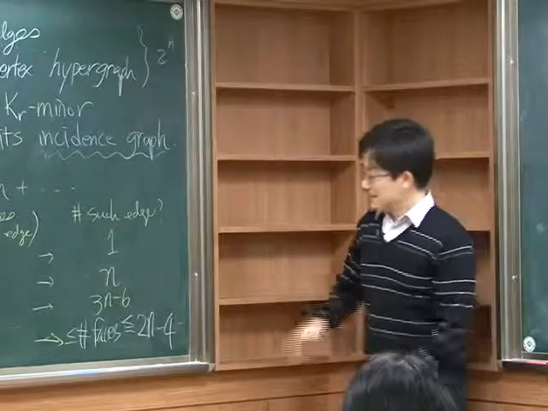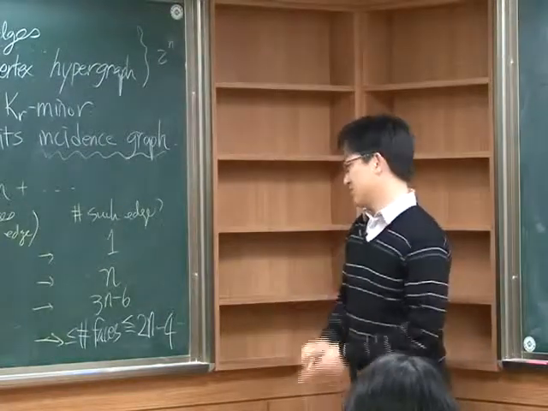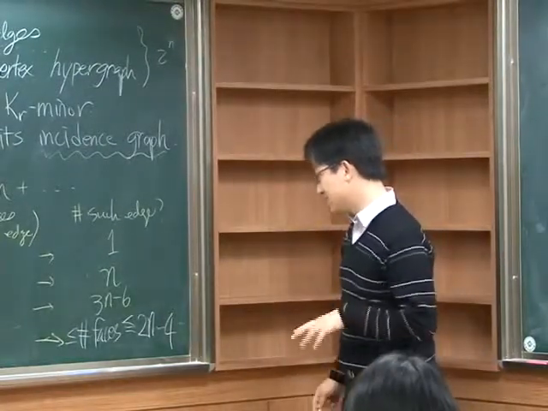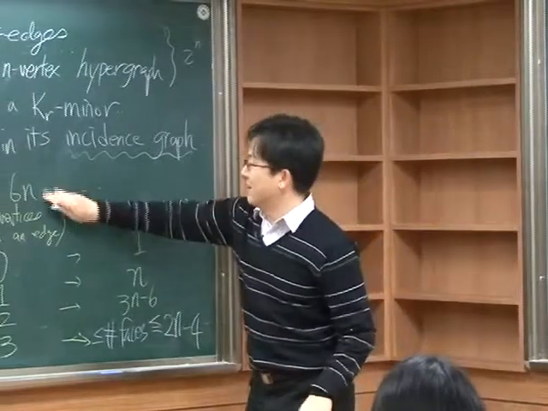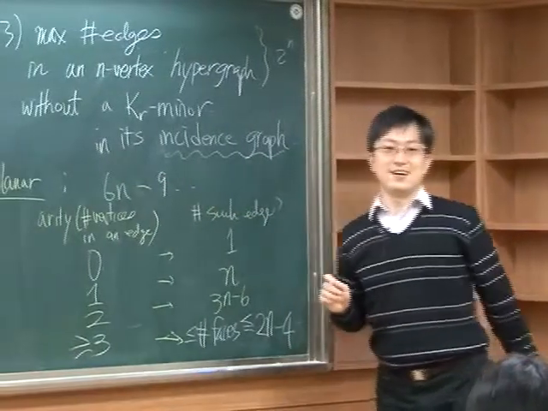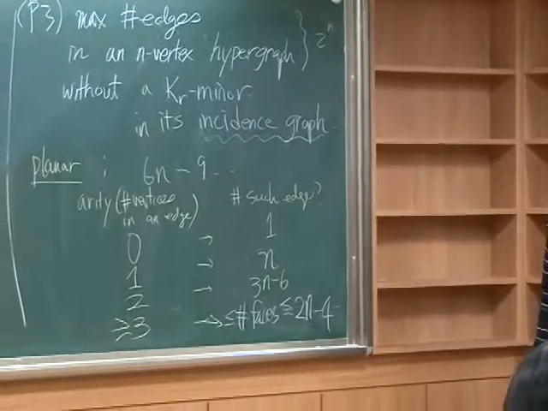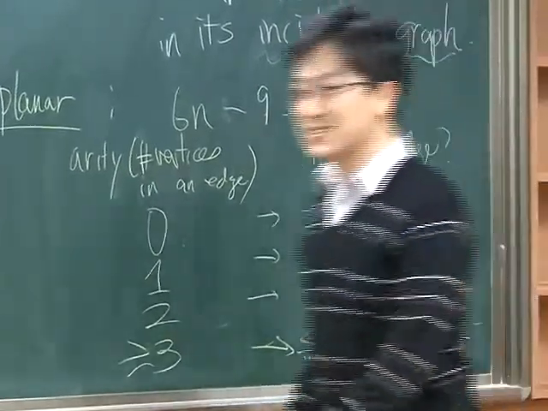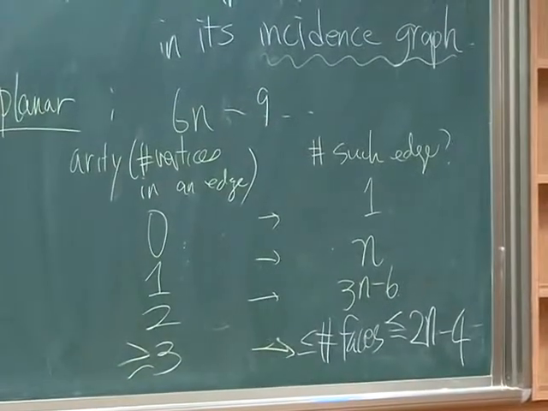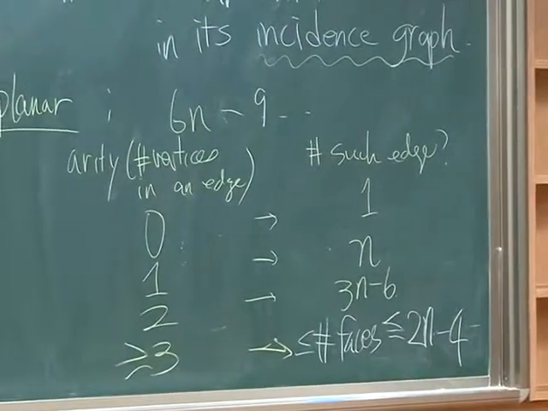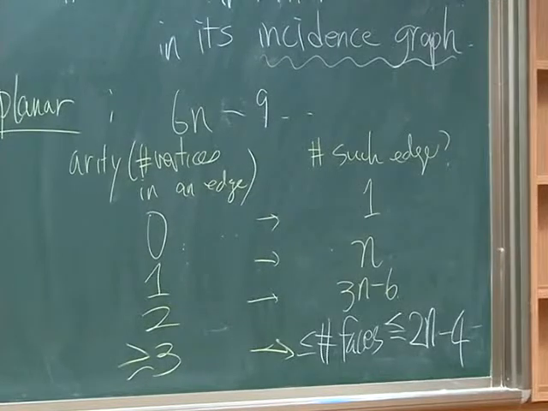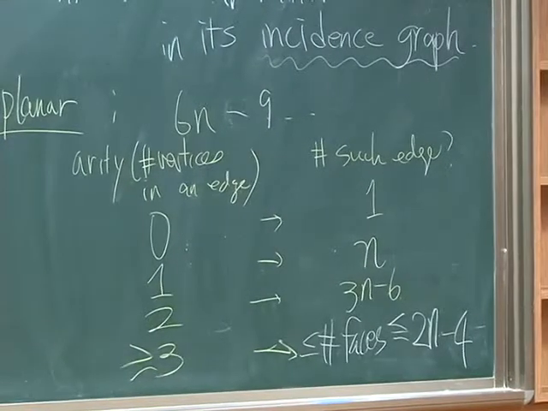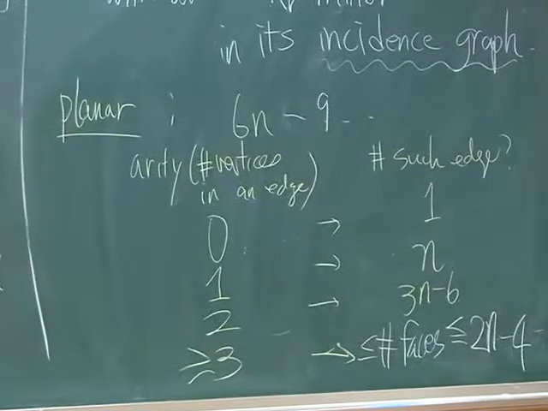So you sum up these numbers, and what you get is 6n minus 9. This is a way to prove that every planar hypergraph has at most 6n minus 9 edges. Any questions?